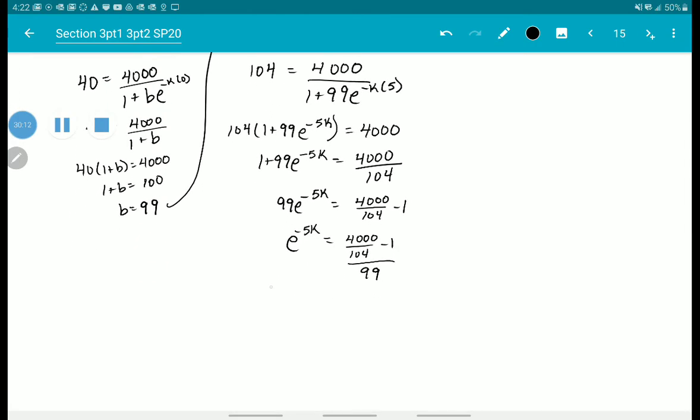Take the ln of both sides, and then divide.